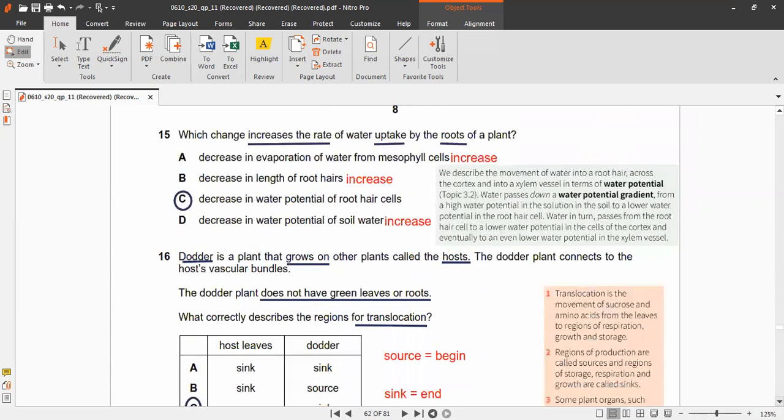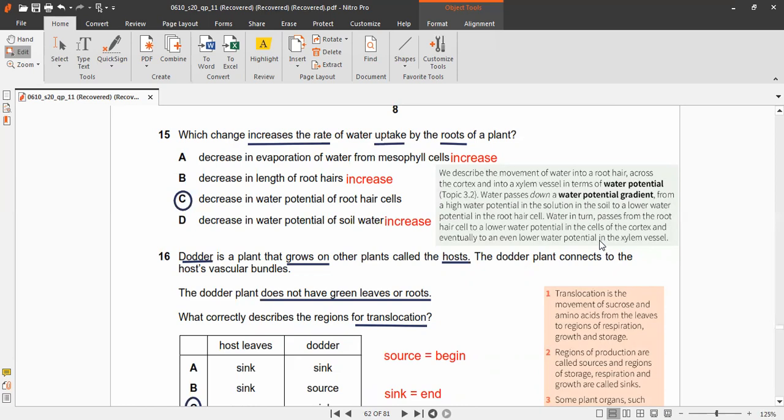Which change increases the rate of water uptake by the roots of a plant? Water passes down a water potential gradient from a high water potential in the solution in the soil to a lower water potential in the root hair cell.